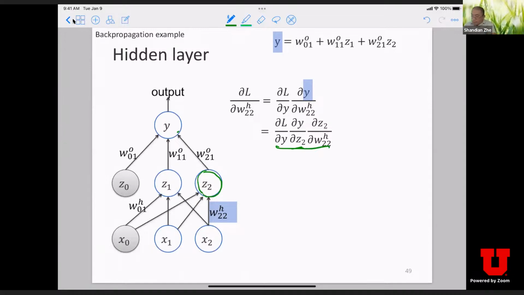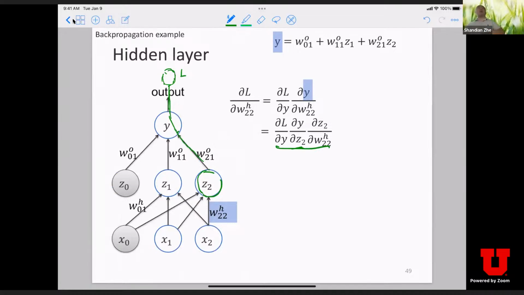Now, if you look at Z2 and how it connects to the output Y and the loss function value, we can draw a path from Z2 all the way up to the output neuron and to the loss function value. There's only one path. You can try to find out. There's no other route starting from Z2 that goes to Y. There is only one path.